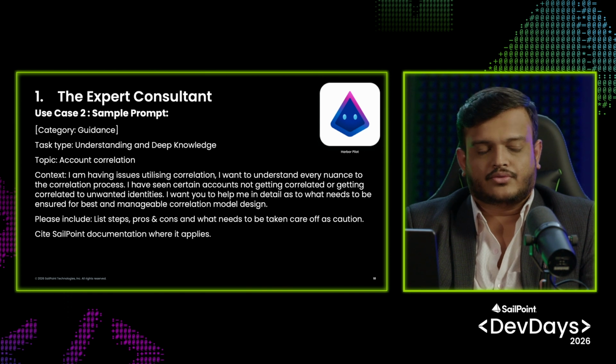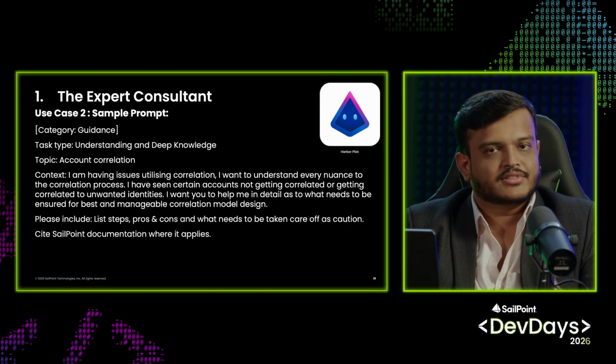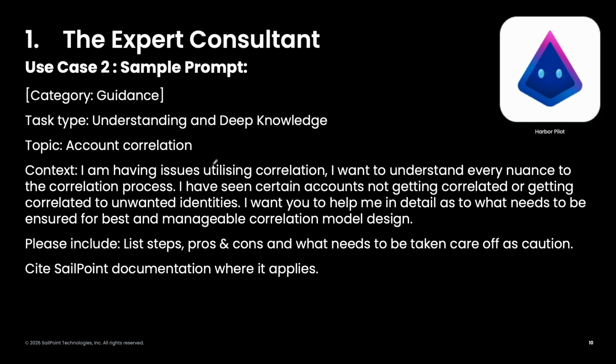So we'll take a sample, say understanding and deep knowledge is what we're going to call it. Your account correlations are what we are talking about. What is the context? You are having issues with utilizing your correlations. You want to understand all the nuances of the correlation process. You have seen certain accounts not getting correlated, or getting correlated to unwanted identities.